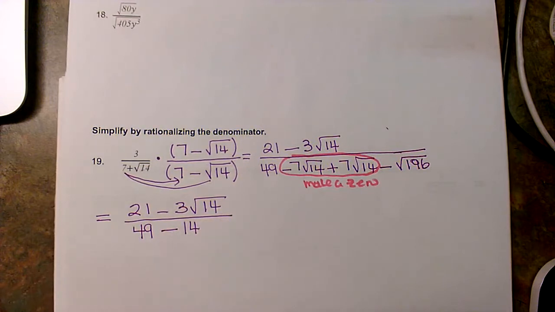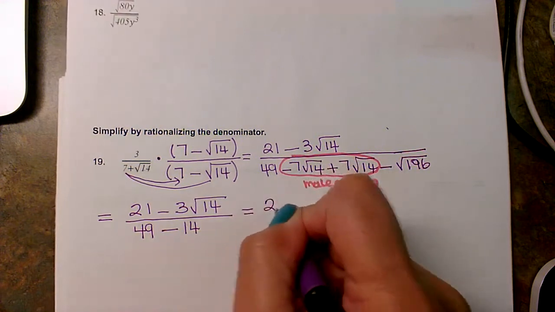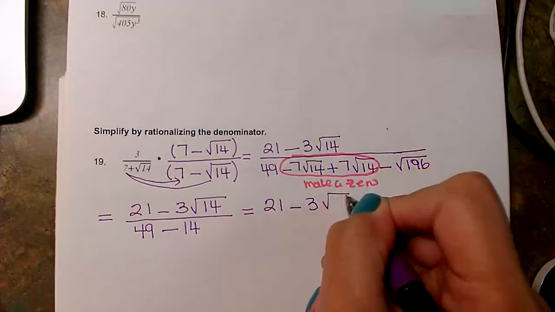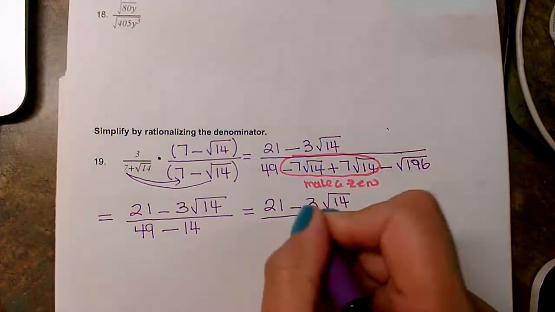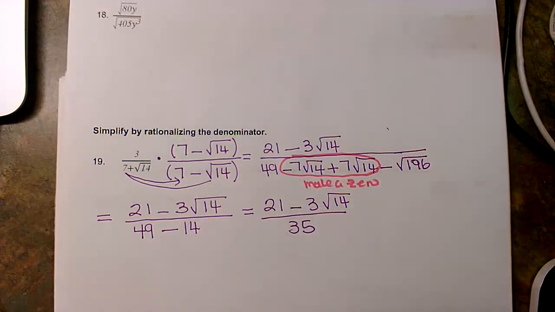So 49 minus 14, that's 35. So this is going to be 21 minus 3 times 14 divided by 35. And it's going to stay just like that.